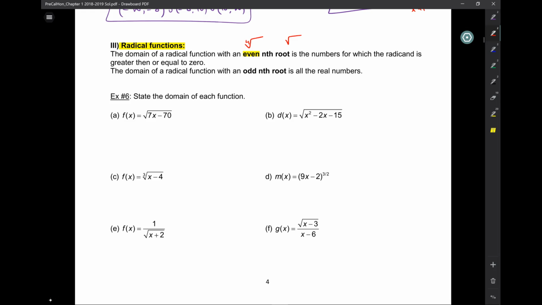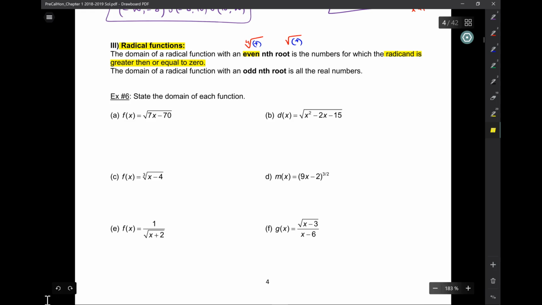What's the deal if you have an even root? The inside can't be negative, so the radicand, the inside, must be greater than or equal to 0. Say that word at your next math party and see how popular you will be.